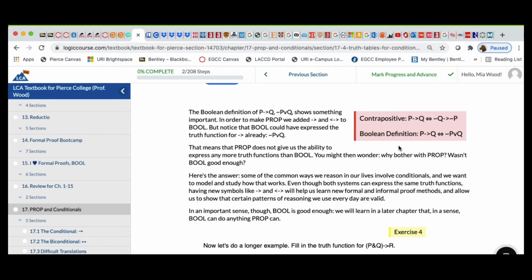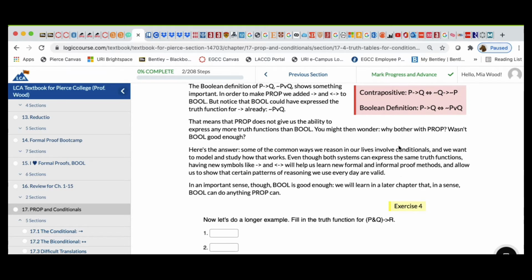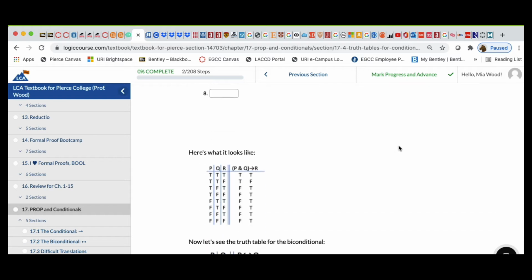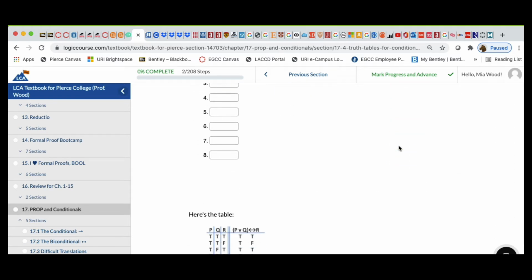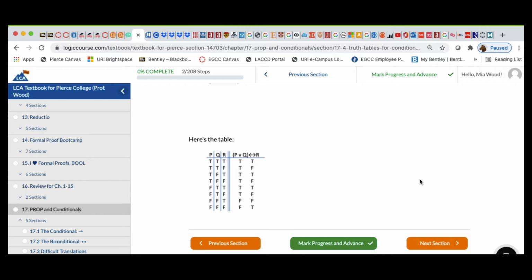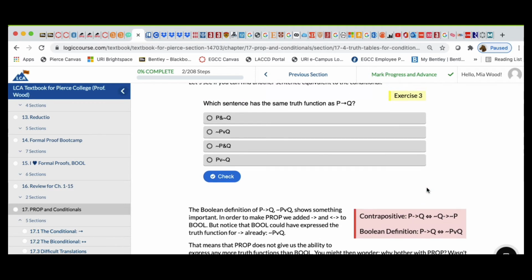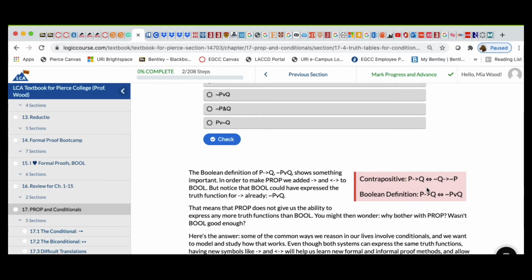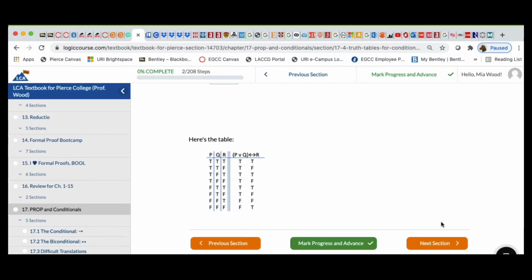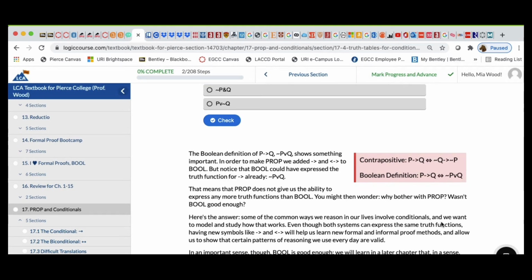We'll prove them. But what I want to make sure we do is run the truth tables for them as well. So let's go ahead and grab the contrapositive.